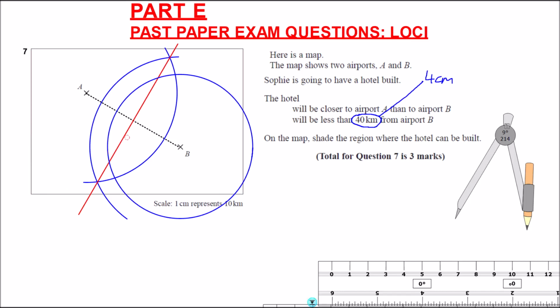As I say, it's the bit between the red straight line, which is here, and the blue curve. So without going over the lines too much, we need to just colour in the region in between that straight red line and the curved blue line. And that's it. So that's the region we're interested in, and that's 3 marks done.